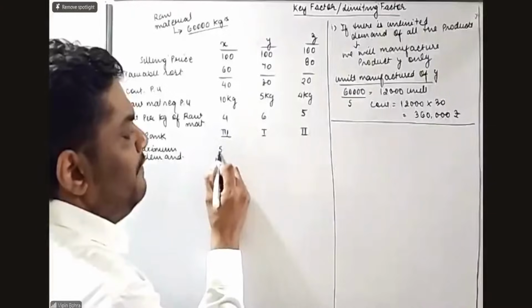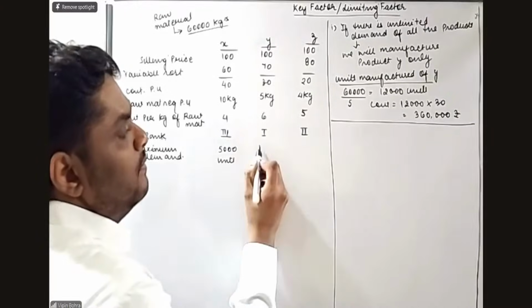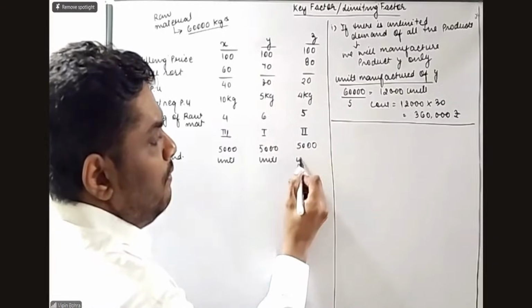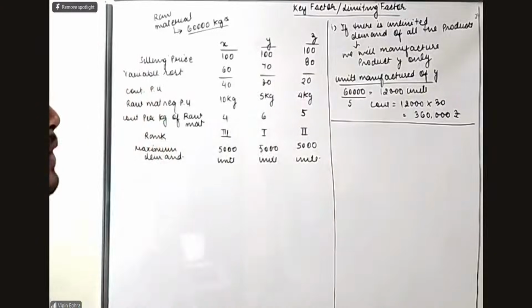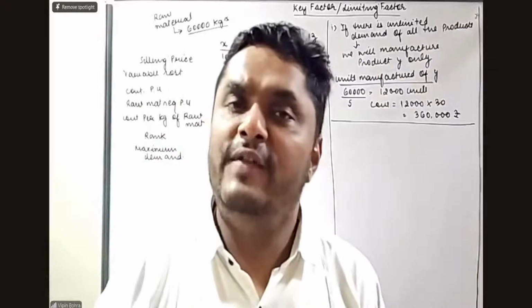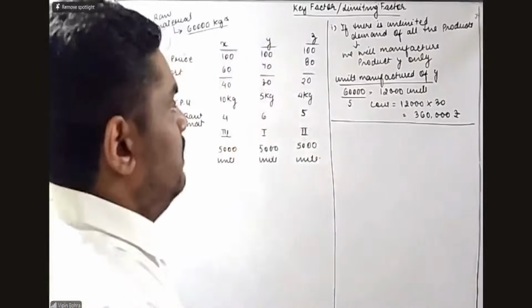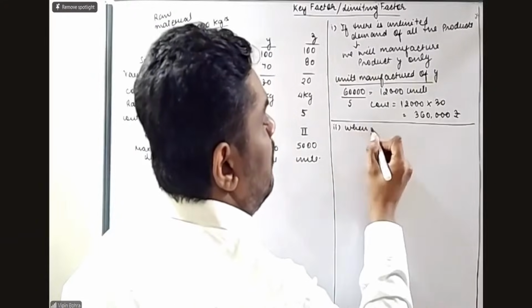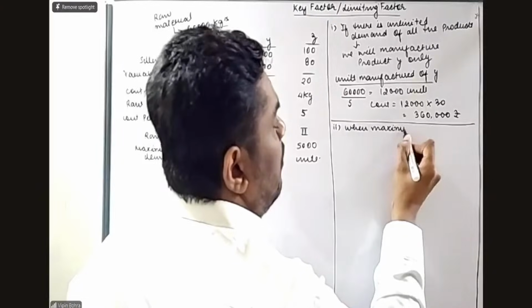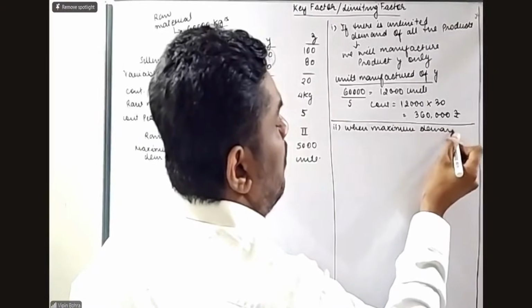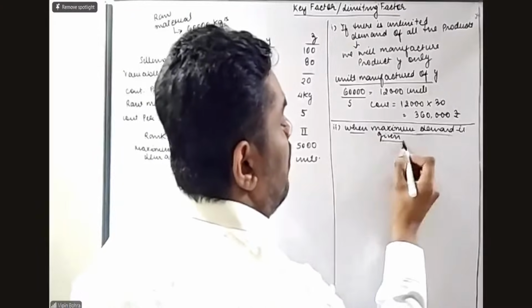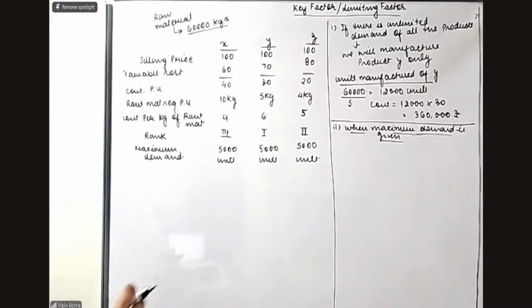So herein, let's say it is 5,000 units of each product. So, second situation, when maximum demand is given, at the most we can manufacture only 5,000 units of a particular product.